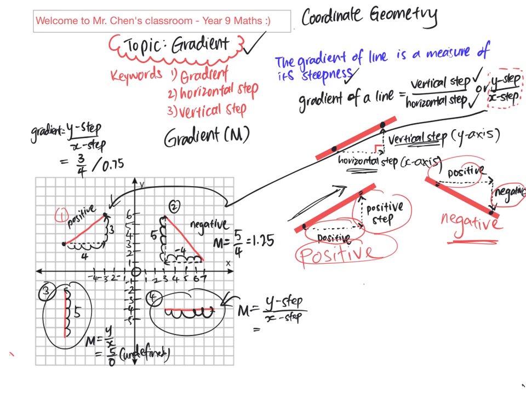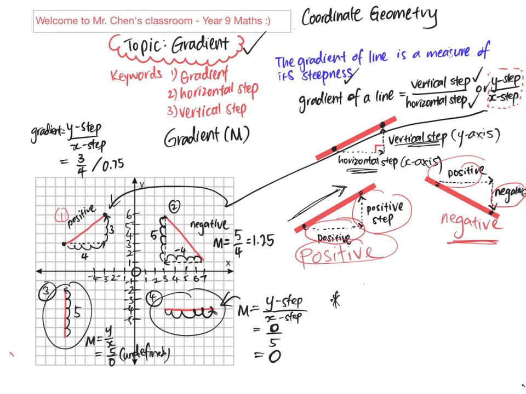So your x step is 5. Your y step, on the other hand, you can't go up or down, so it remains at 0. So 0 divided by 5 is 0. So the gradient for this horizontal line is 0.